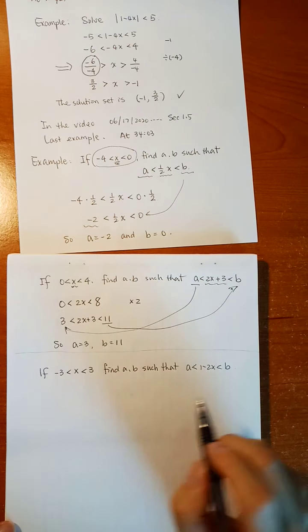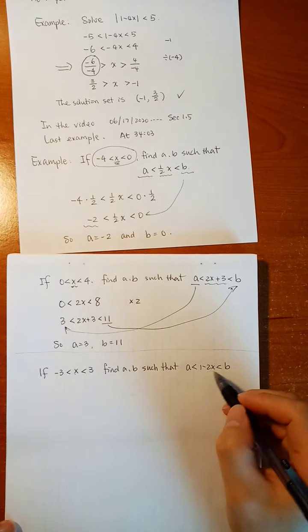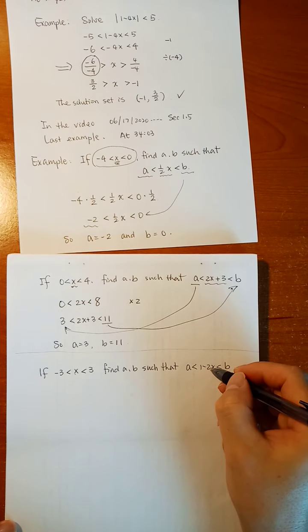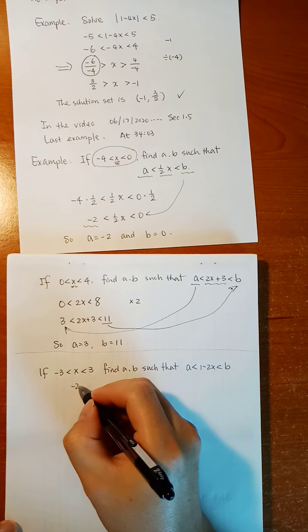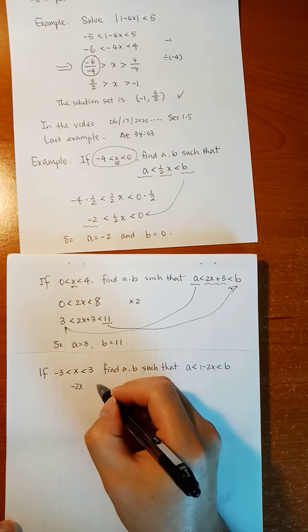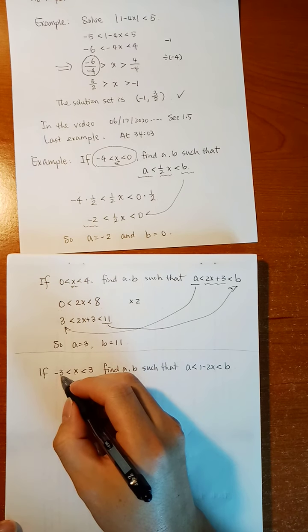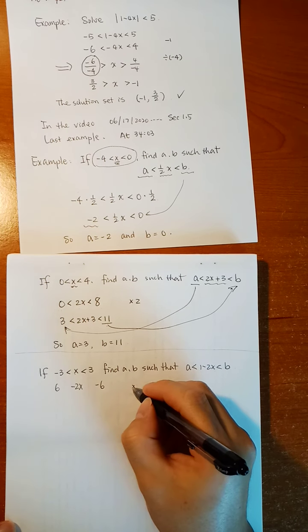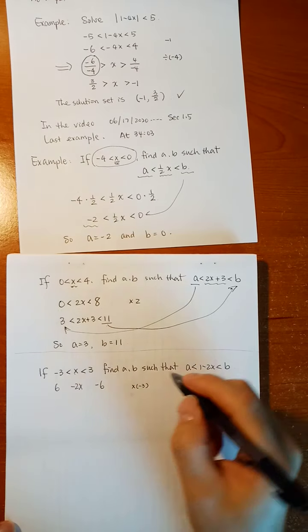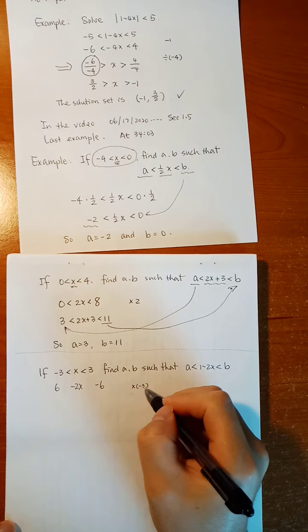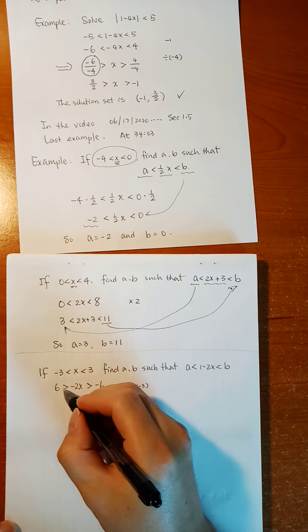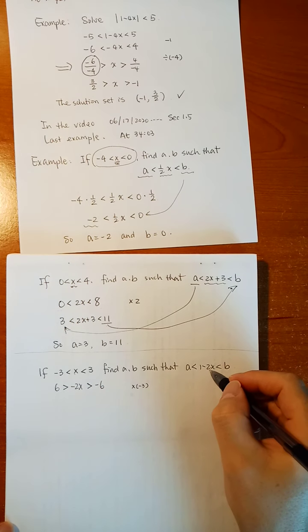Okay, so let's check. Here x, here I want 1 minus 2x. So we multiply the inequality by negative 2. Here, 3 times negative 2 is negative 6. Negative 3 times negative 2 is positive 6. Okay, this time I remember we need to multiply all 3 parts by negative 2. And because you do the multiplication with a negative number, you change the direction. Okay, so that's the first step.